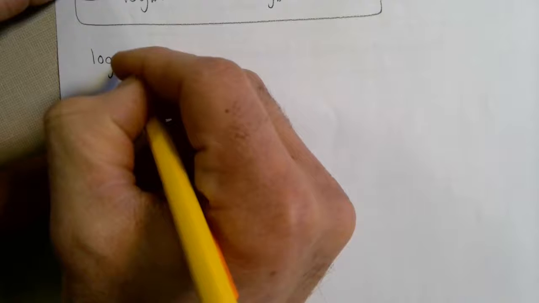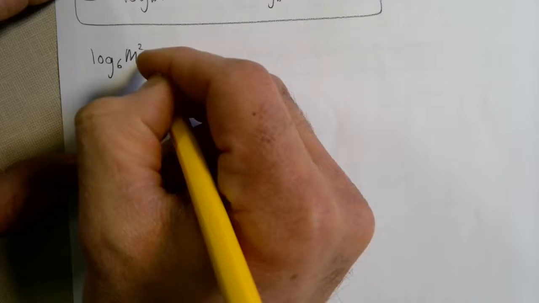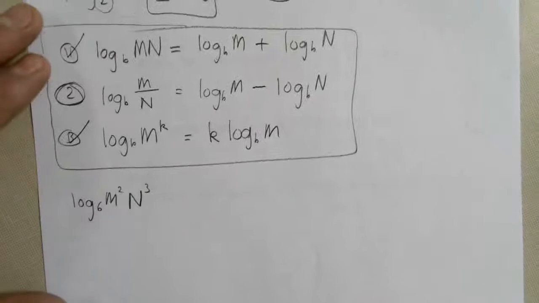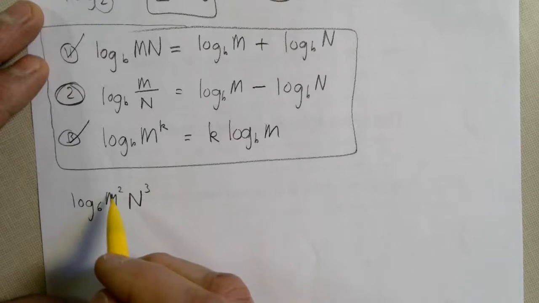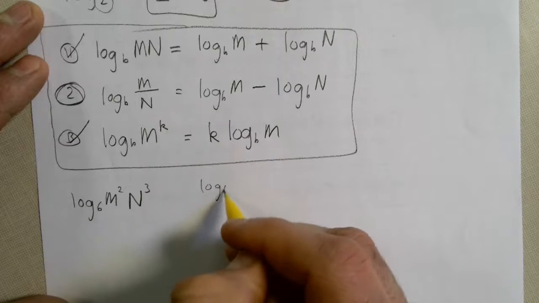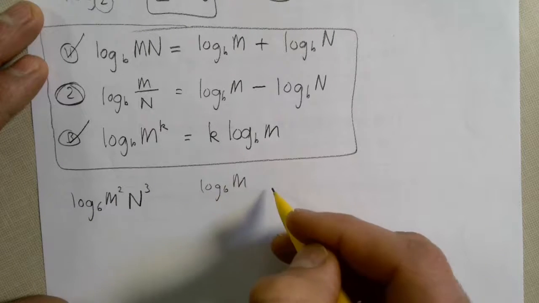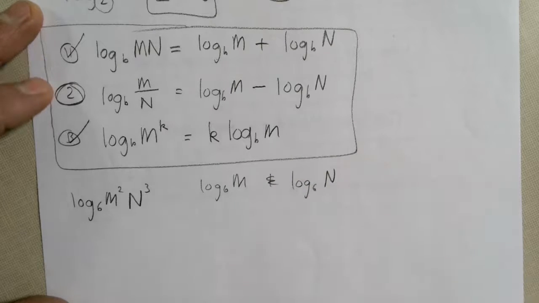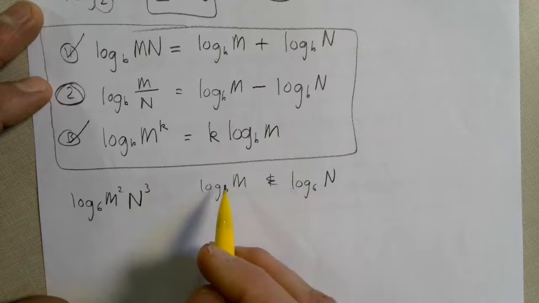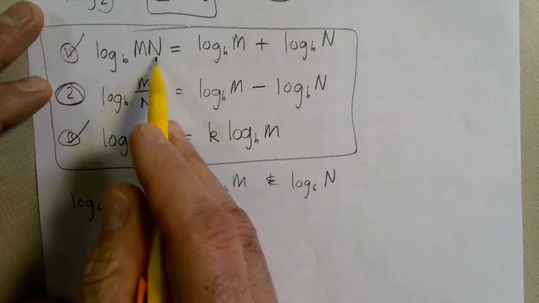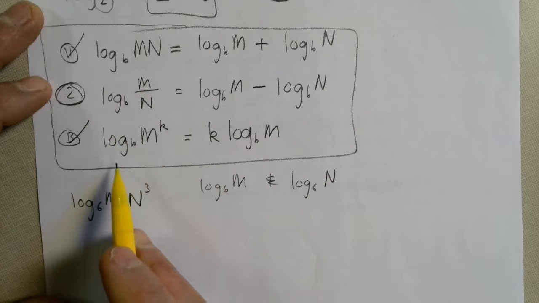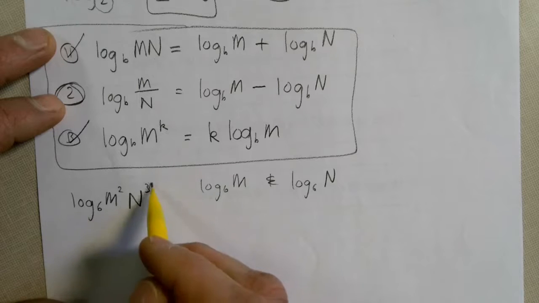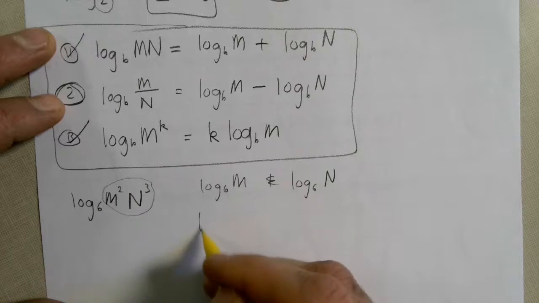Now, log base 6 of m squared times n cubed. Let's look at our laws and see if we can figure out how to rewrite this in terms of log base 6 of m and log base 6 of n. We're going to apply law number 1 and law number 3. When you have a product, it's added.